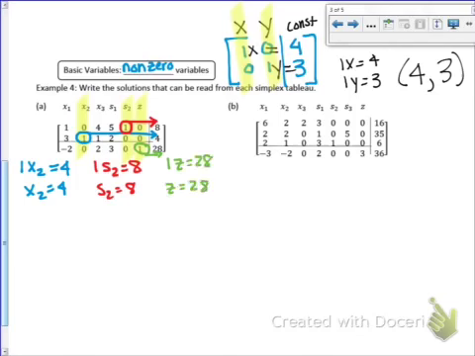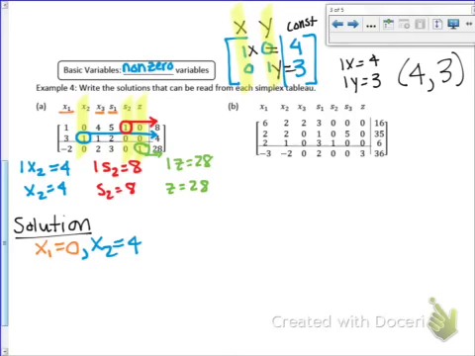Now, when you go to say your solution, because that's what it wants you to do, to read the solution, all the other variables that are listed up there, so we have X1, X3, and S1, those are all 0 because we couldn't read a solution for them. And you're going to put it in order. So X1 is 0. X2 is 4 from what we just found.